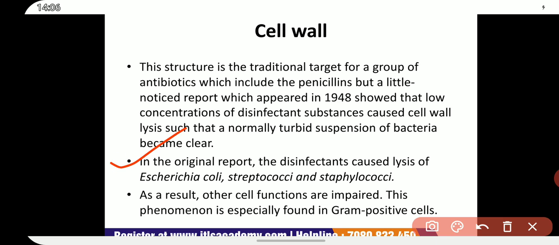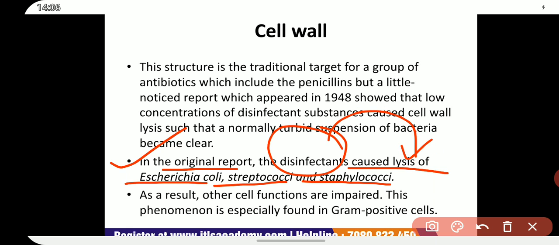In the original report, the disinfectants caused lysis of E. coli, that is Escherichia coli, Streptococci and Staphylococci.